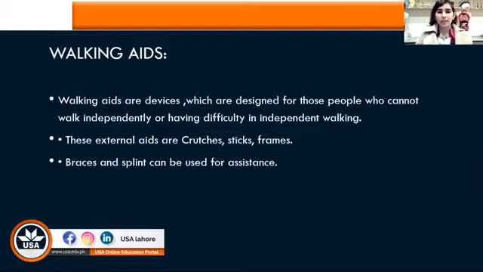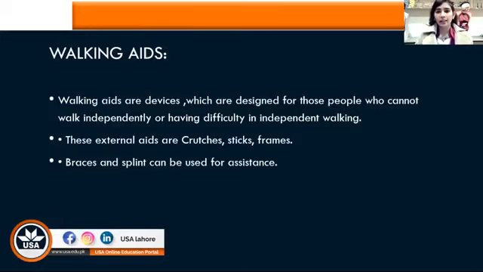Then come the braces and the splints that also can add to the stability of the patient. One thing we are providing to our patients is a walking aid, as well as we can add to that stability with the help of braces and splints, where they can be used. Imagine a patient who is having a backache or having instability in the muscles of the back.